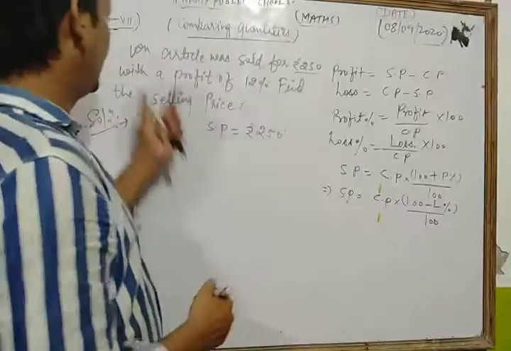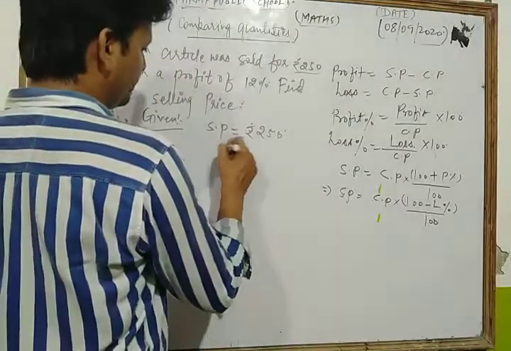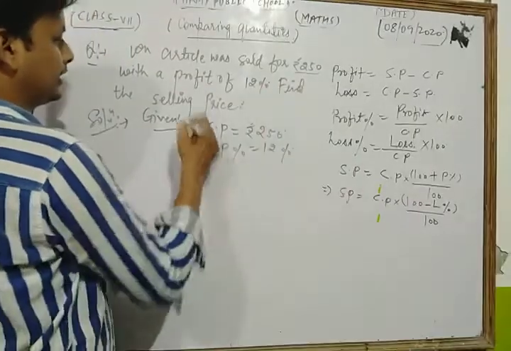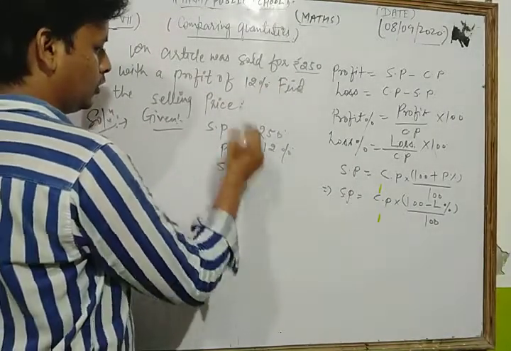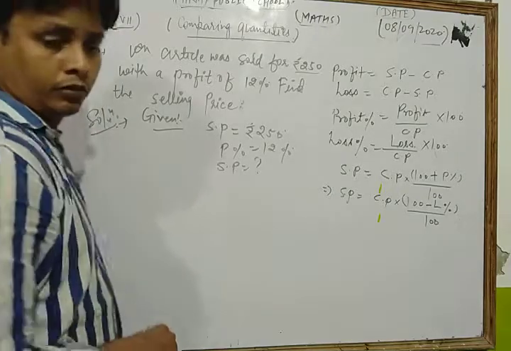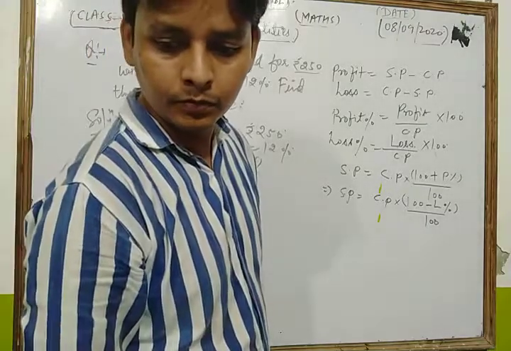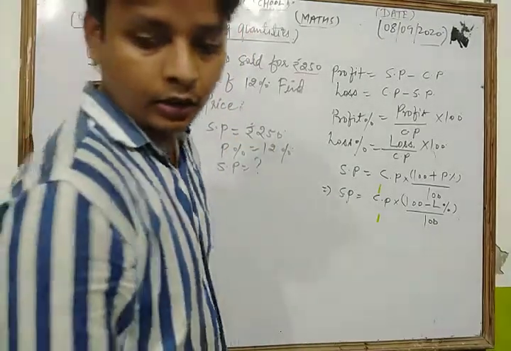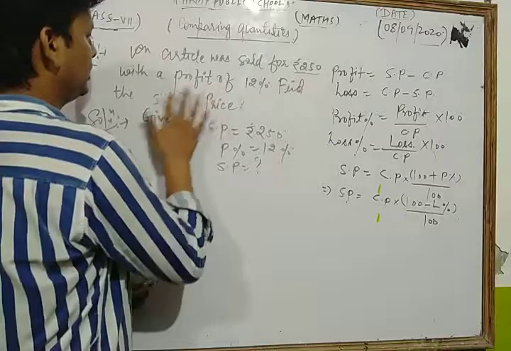Now the profit percent is given as 12%, and we find the cost price.